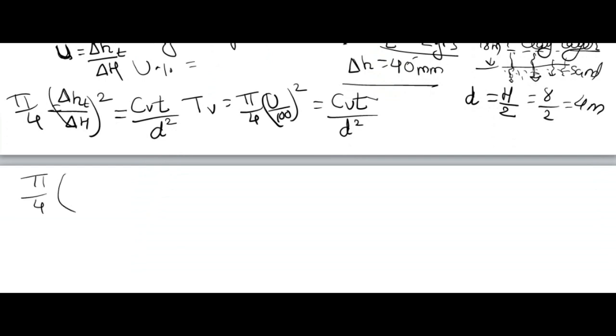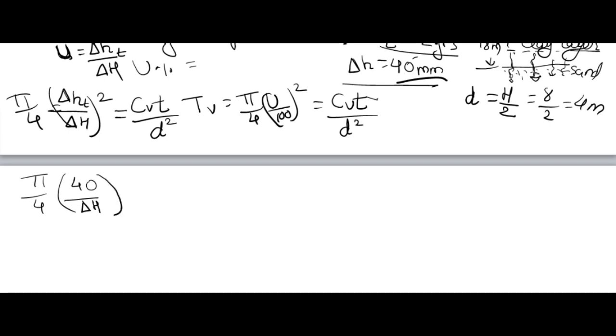In the problem, 40 mm settlement has occurred in 2 years. So we write 40 here, and the total settlement is not given, we have to find it using this formula.